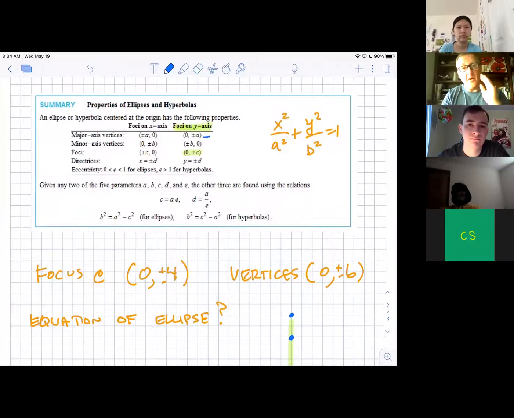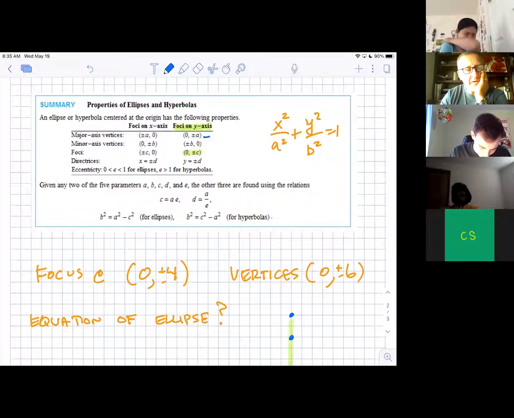The a value is always the major axis value. They're doing that a little bit differently. If I was making this note sheet, I don't know that I'd have done it this way. You're reading someone else's poem, not your own poem, so it's a little harder to keep this straight.